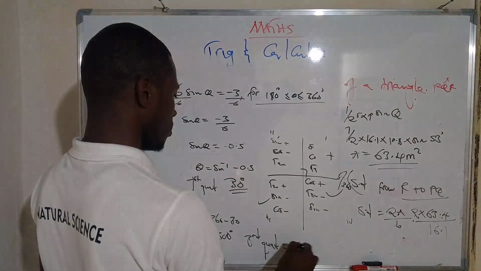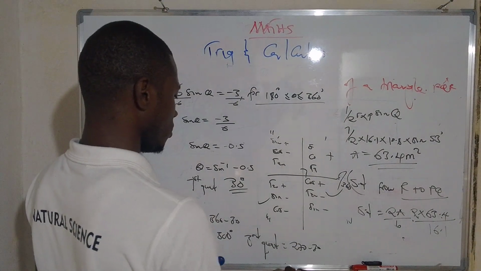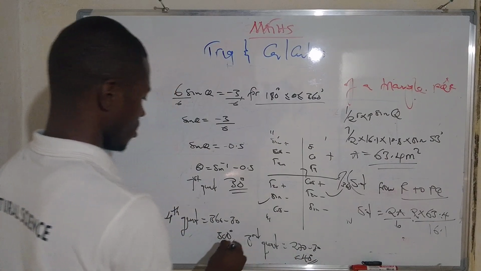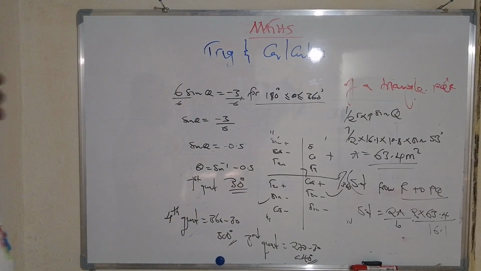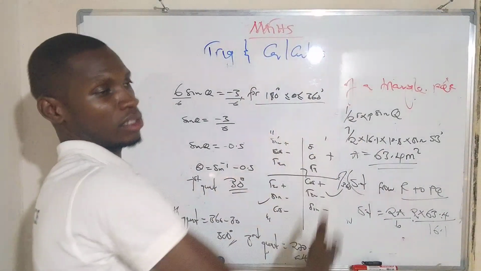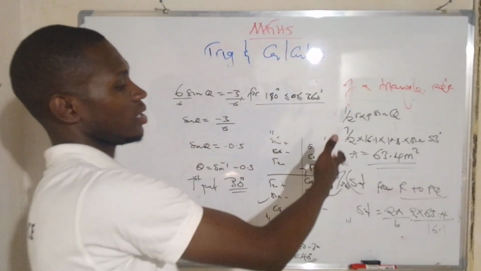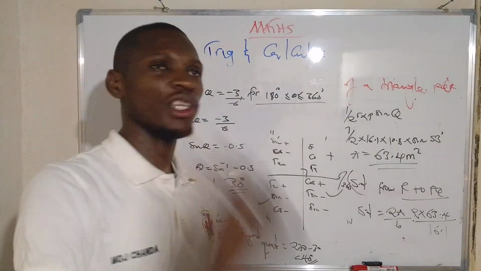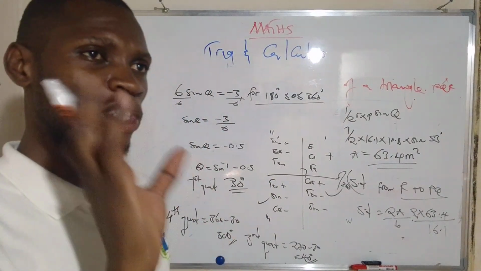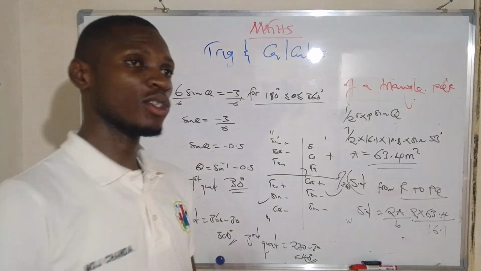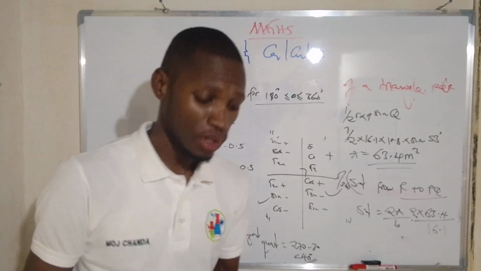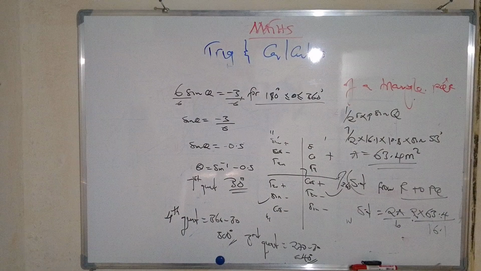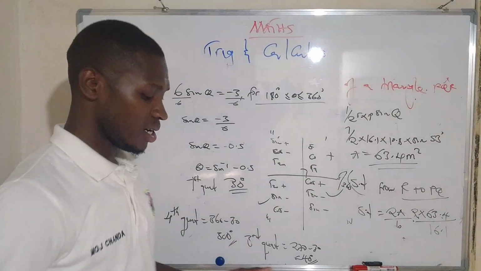So I'm going to say 270 minus 30, which is equal to 240 degrees. So that is it. These questions, a triangle, its area, its shortest distance, are the same. The only part they twist is on the first one, either to find the angle or to find the length. Alright, so on the sine law, we are done.